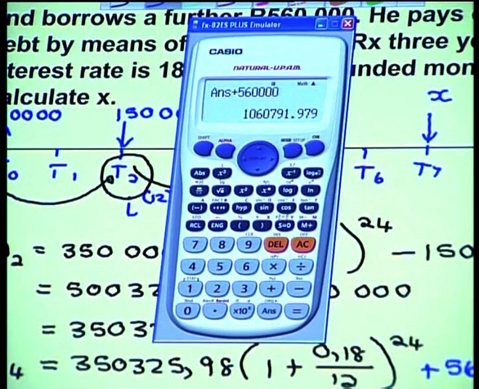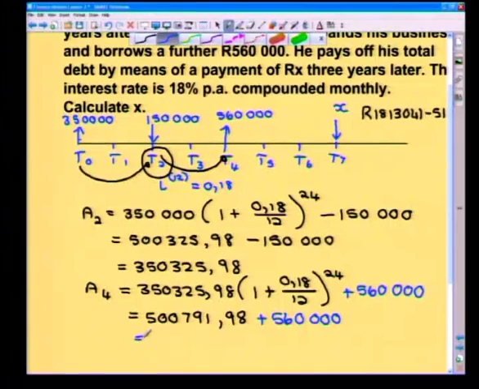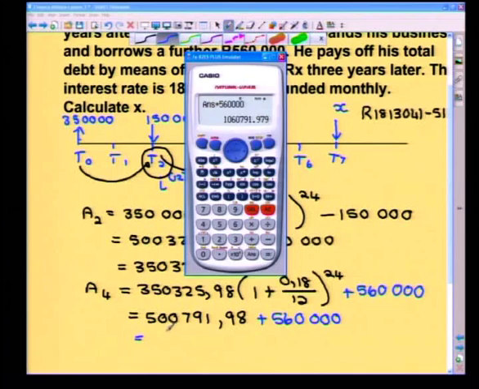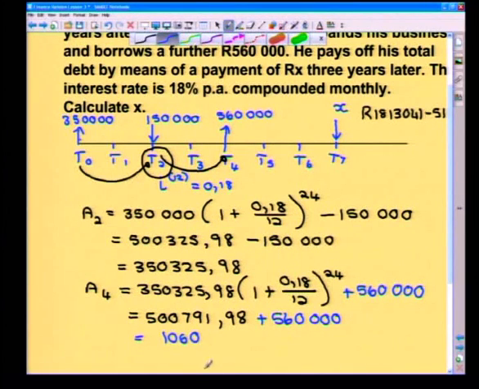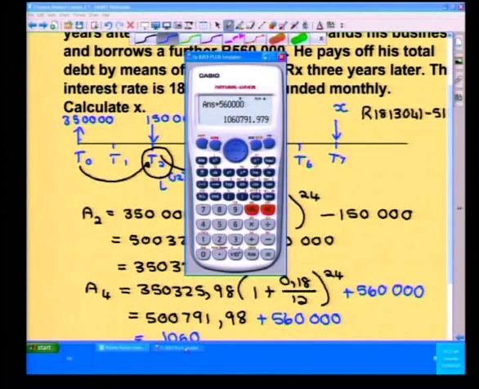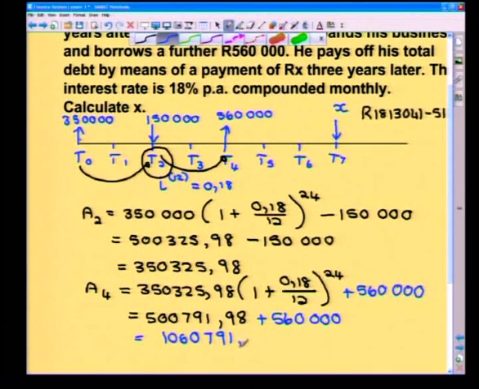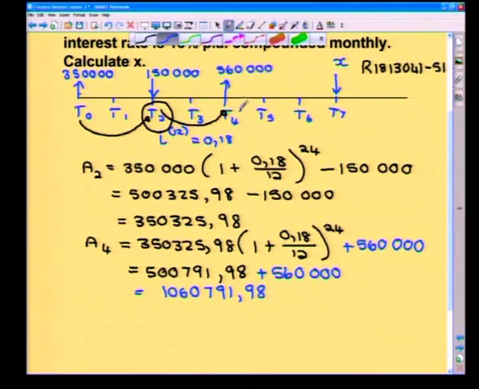So now we see that he now owes, sorry, I didn't write the number down, 1060,791.98. So now this gives me this new amount.